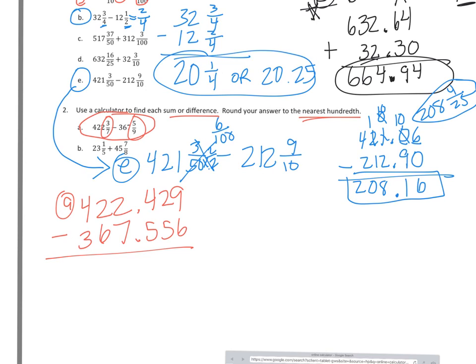Because now I'm out to the thousandths, so I can make a better rounding answer. So here we go. I'm going to subtract these out. And you're going to see I'm going to have to decompose some numbers. Quite a few of them, actually. Pretty much all of them.